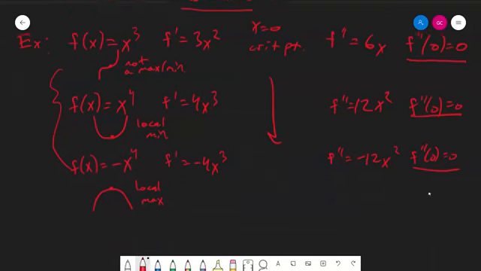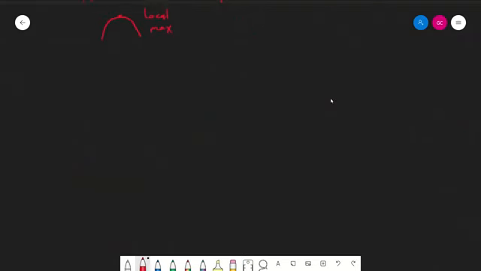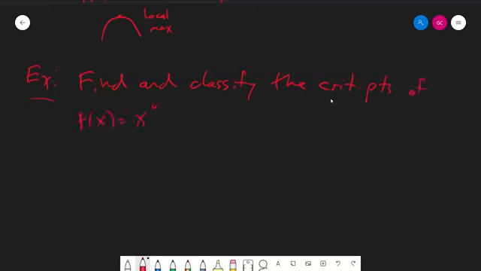Okay, well, let's go ahead and work a quick example. So let's find and classify the critical points of the function f of x equal to x to the fourth minus 4x cubed.